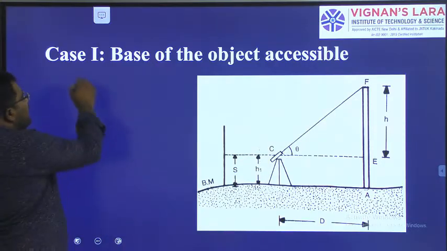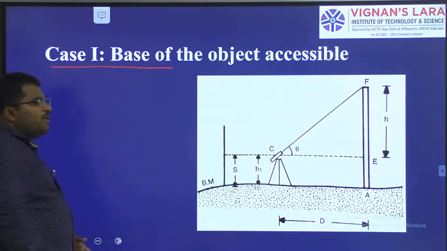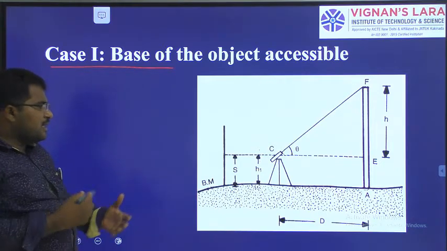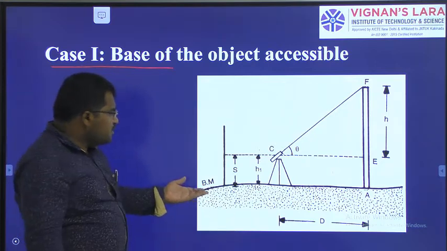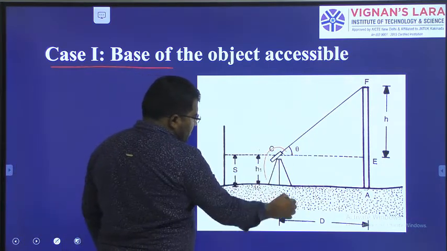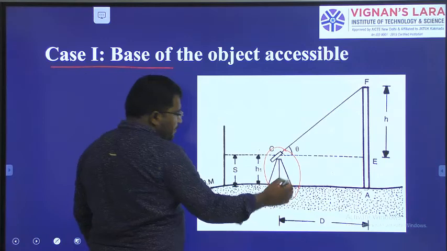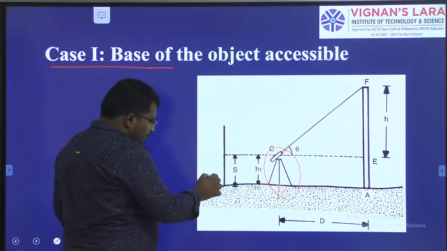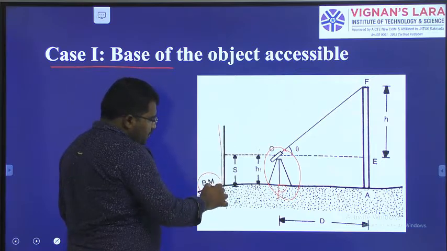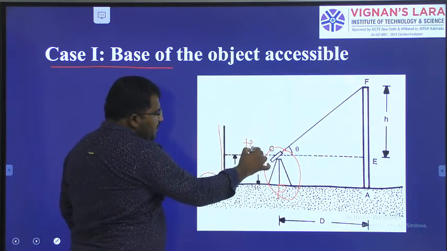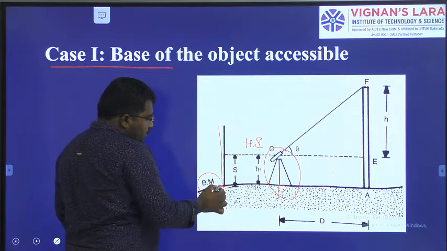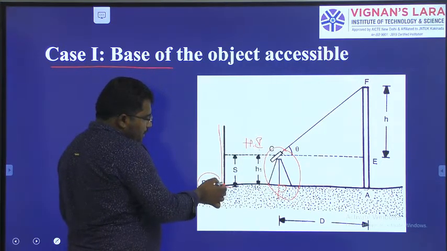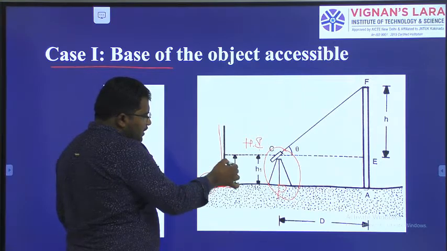Next, we already saw case one, where the base of the object is accessible. Here we have an instrument, and the instrument station is P. From here, first of all, you keep your leveling staff near the benchmark to know the height of the instrument, and we find out the value.